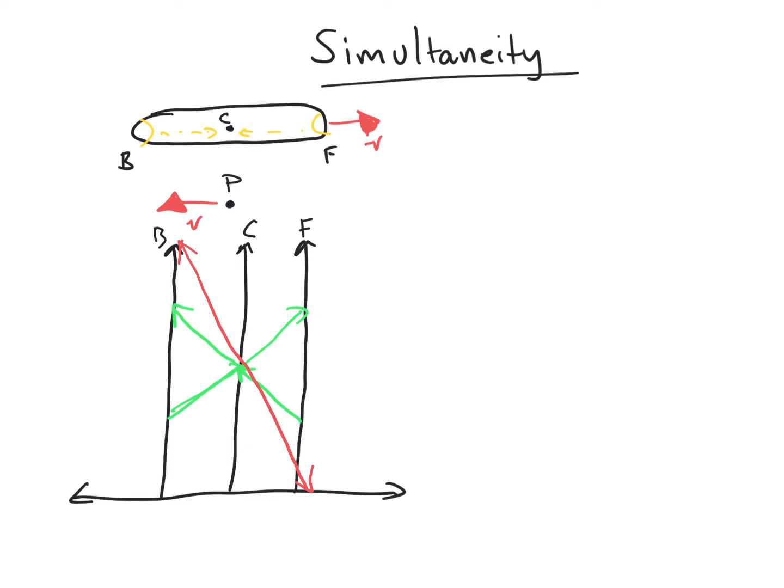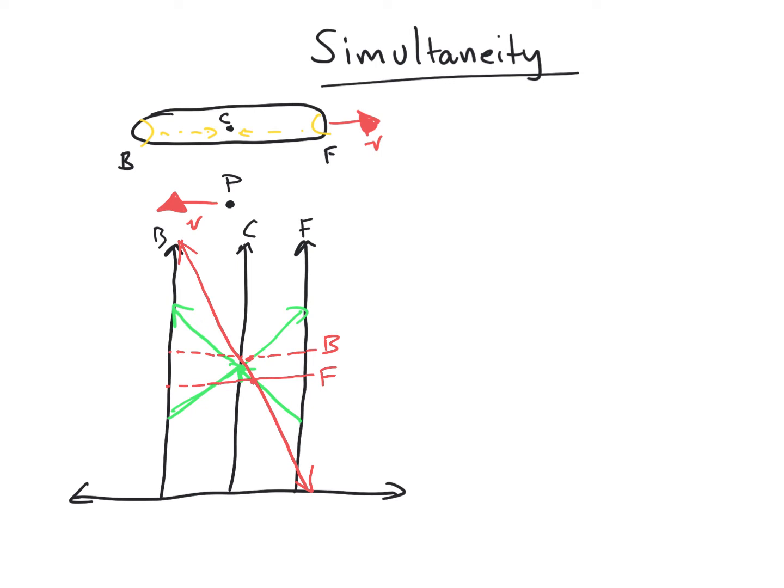Now what it sees, in this case for P, is that it intersects with the front of the train first, and then later on it intersects with the back of the train.